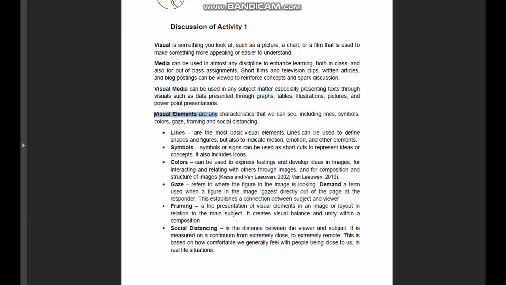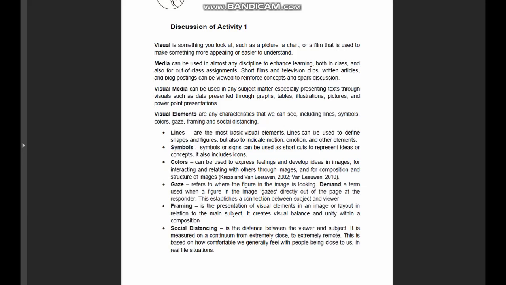Next, visual elements are characteristics that we can see in any images that include lines, symbols, colors, gaze, framing, and social distancing. Okay, when we say lines, these are the most basic visual element. Through lines we can make shapes and figures. It also indicates motion and emotion. Next, we have symbols.